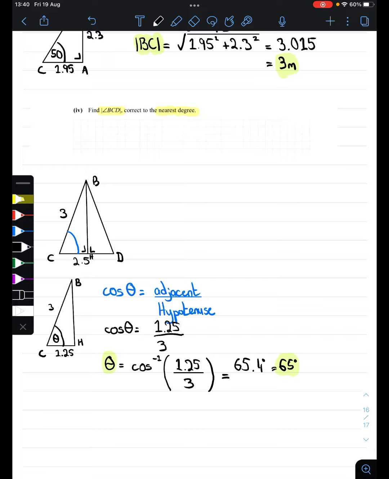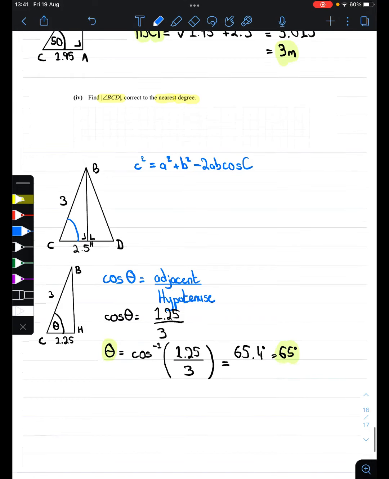We could use the cosine rule. Whenever you're working with a non-right angle triangle, it may be useful to use the cosine rule. c squared equals a squared plus b squared minus 2ab cos C, where C is the angle opposite the side c.